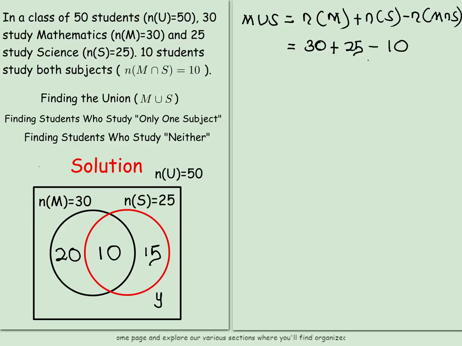So we are just applying the formula. With that, we would say 30 plus 25, giving us 55. Then 55 minus 10 will give us 45. So in simple terms, it simply implies that M union S is 45. As simple as that.